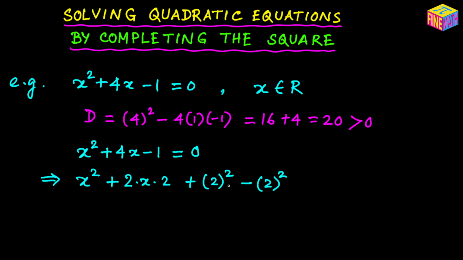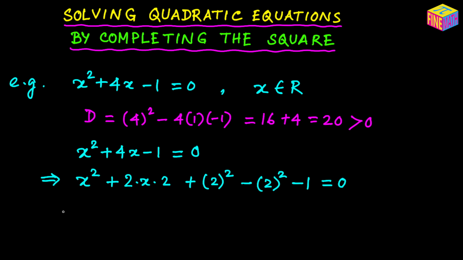I forcefully added something and subtracted it, and then we have minus 1 is equal to 0. This is the only extra thing I introduced, and ultimately it is nothing but 0, because plus 4 minus 4 means I have really not changed anything. But introducing this extra thing is going to really help in our process here.